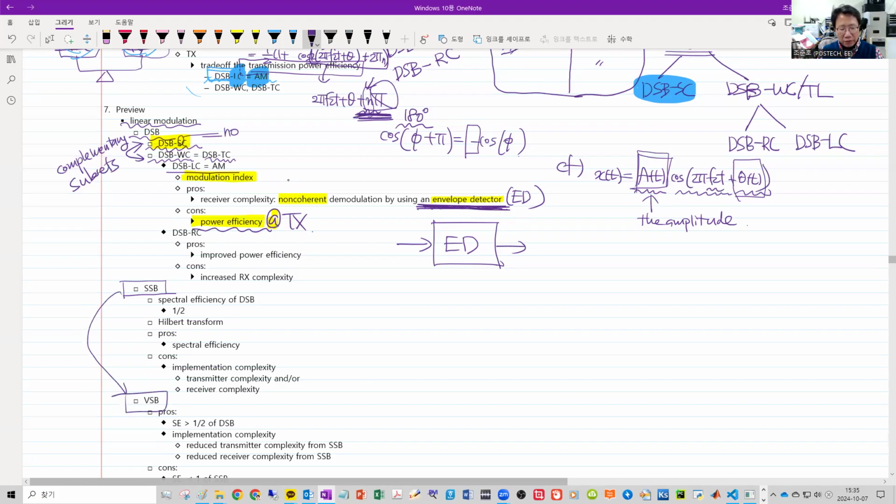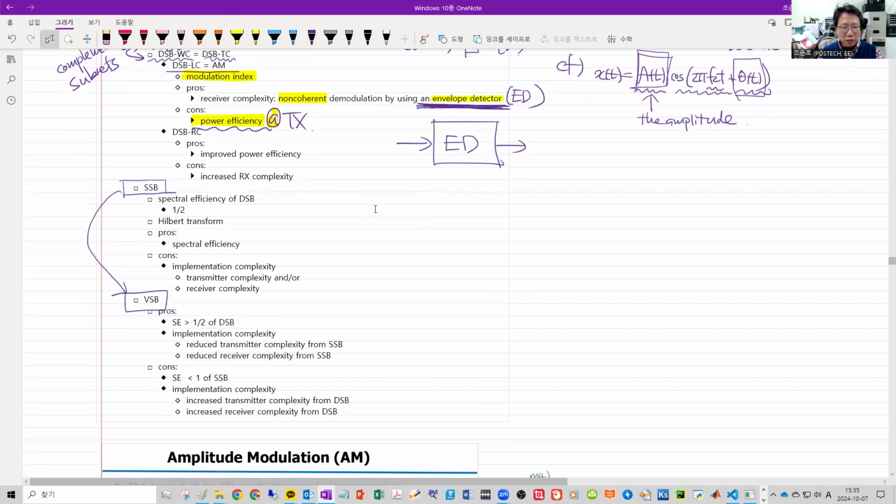Then there is something in between single sideband and double sideband modulation, which is named vestigial sideband modulation. It has pros and cons. In the early stage of television broadcasting, it was a very good trade-off. That's why VSB was employed by analog TV broadcasting.